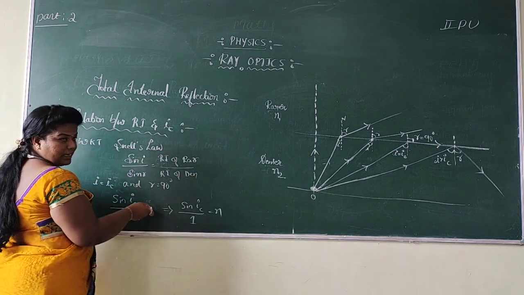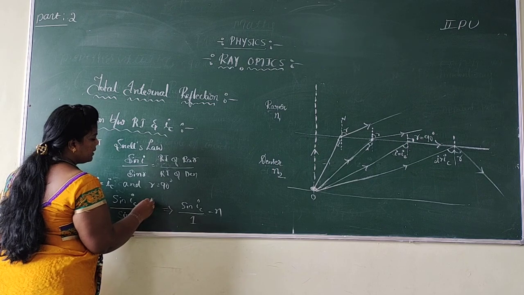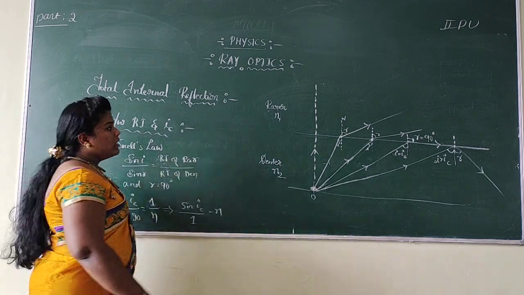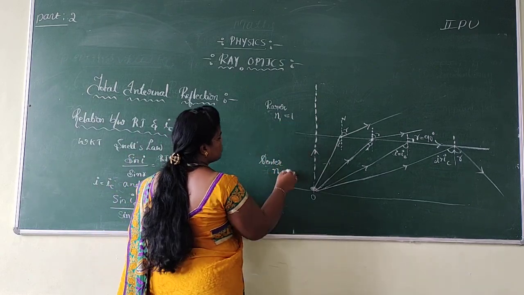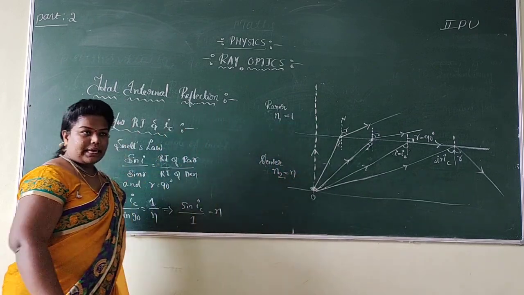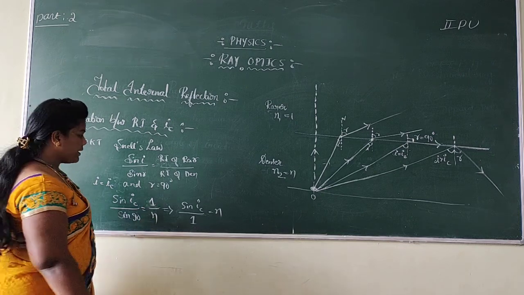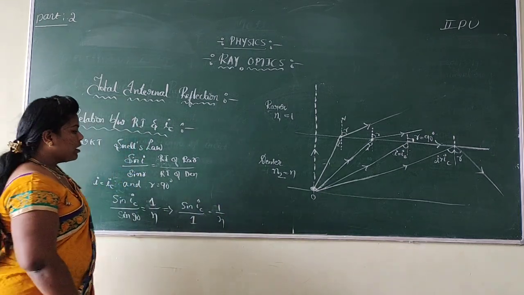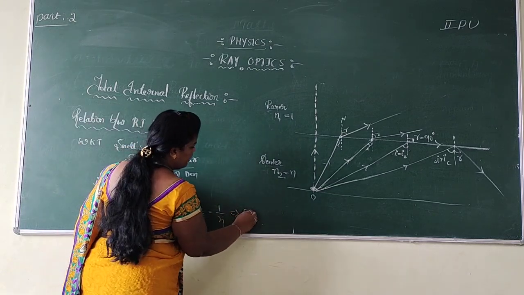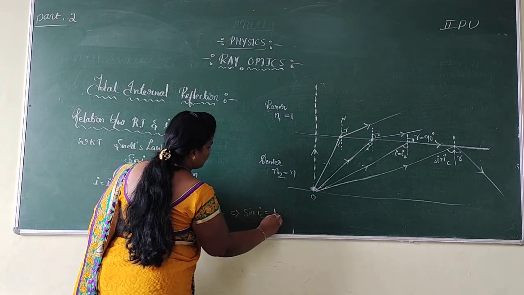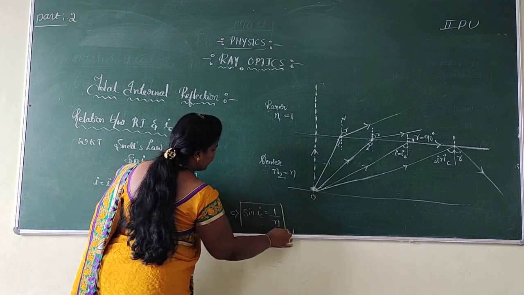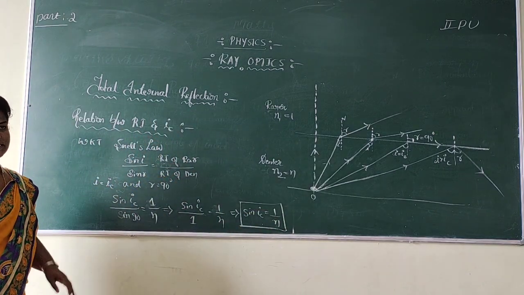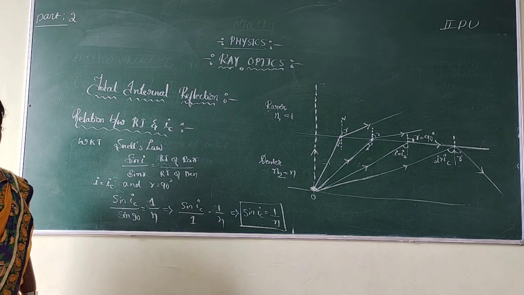Similarly here, the refractive index of the rarer medium is 1 and the refractive index of the denser medium is N, so this becomes 1 by N. Finally, sin IC is equal to 1 by N, where IC is the critical angle and N is the refractive index.